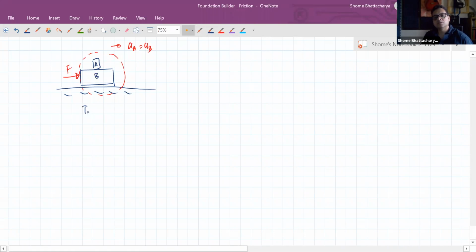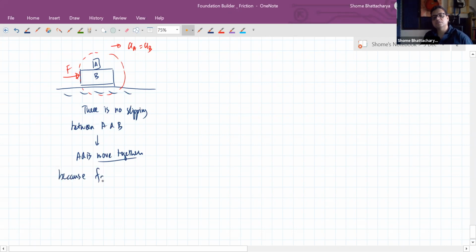There is no slipping between A and B. Okay, so basically A and B move together, because static friction between A and B prevents slipping. Okay, that's one case which is possible.